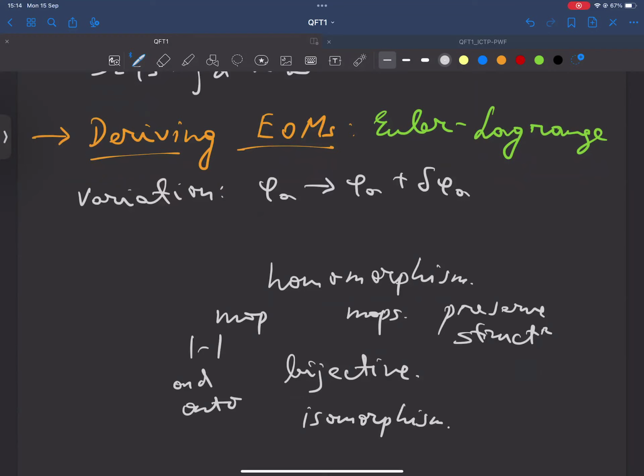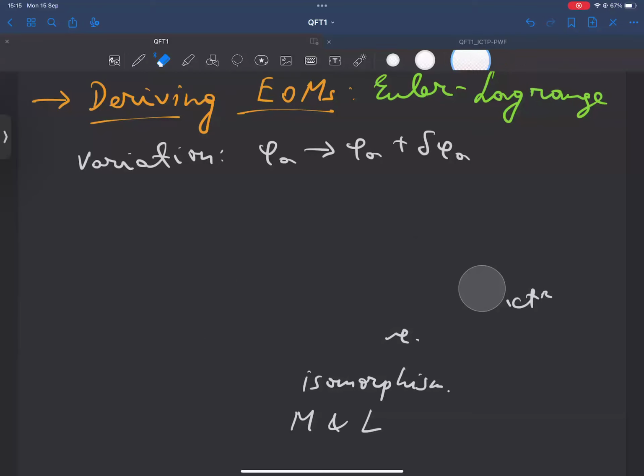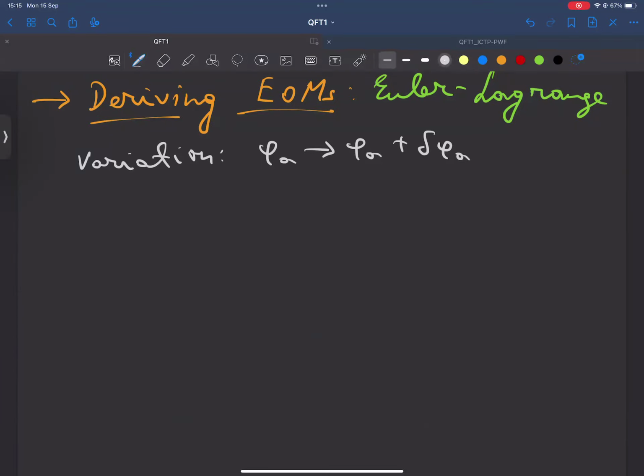If two representations are isomorphic, then the underlying vector space dimension should be the same. But here I didn't claim that M and L are isomorphic. I said that they are separate homomorphisms. I think this is what you had in mind when you said it's weird; I'm just guessing that was your question.